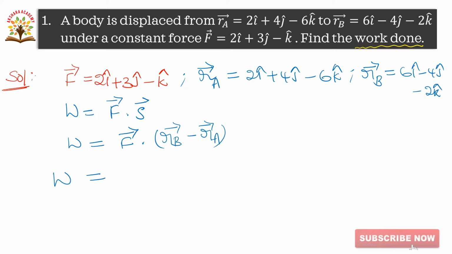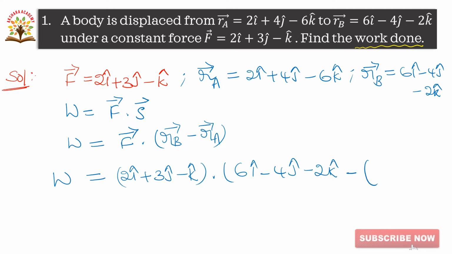W is equals to F, nothing but they given us 2 i cap plus 3 j cap minus k cap, dot product of, here we are subtracting R B bar, they given as 6 i cap minus 4 j cap minus 2 k cap, minus R A bar, the position vector of the body A, that is 2 i cap plus 4 j cap minus 6 k cap.